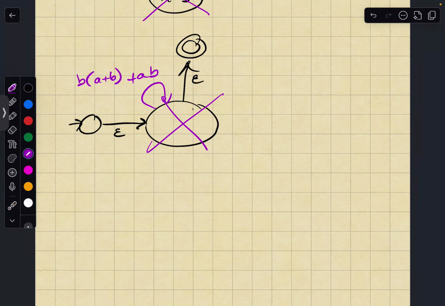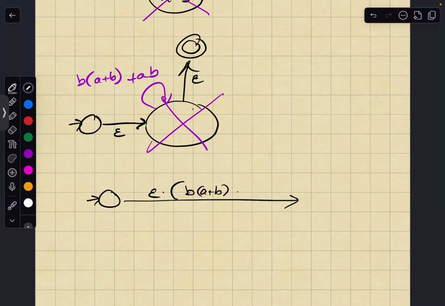So instead of having to go through this state and loop any number of times, I can just write this as: I read the empty string, then I read B, A plus B, or AB any number of times, and then I read an empty string, and then I jump to the accept state.